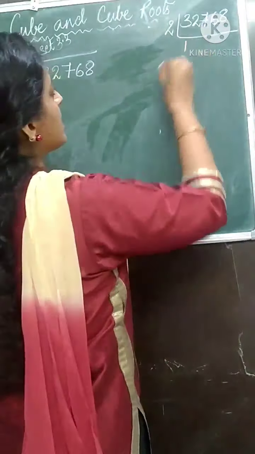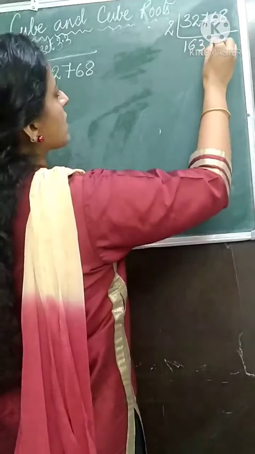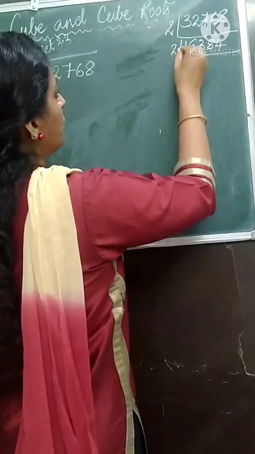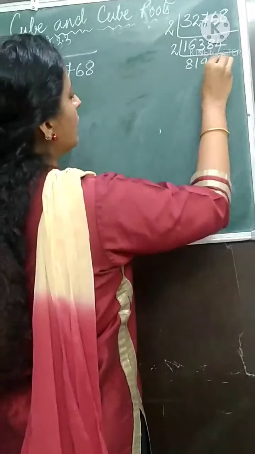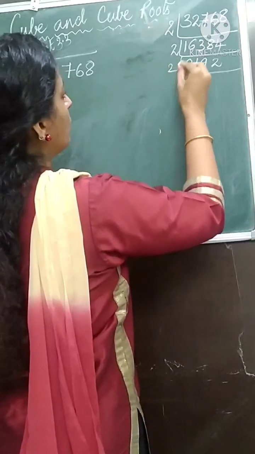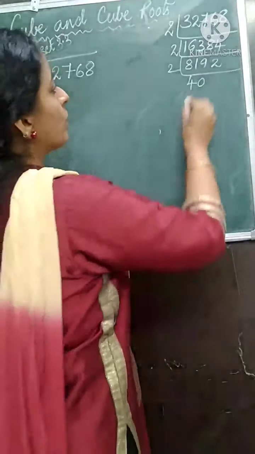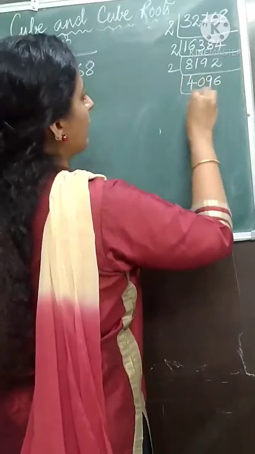2 1s are 2, 2 6s are 12, 2 3s are 6, 2 8s are 16, 2 4s are 8. 2 8s are 16, 2 1s are 2, 2 9s are 18, 2 2s are 4. 2 4s are 8, then 0, 2 9s are 18, 2 6s are 12.